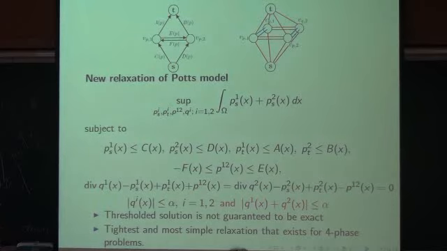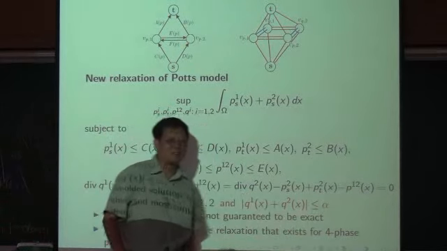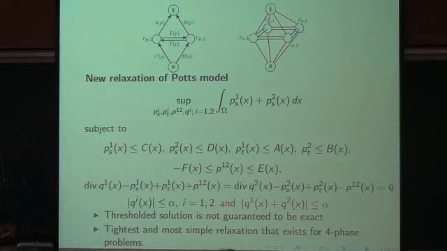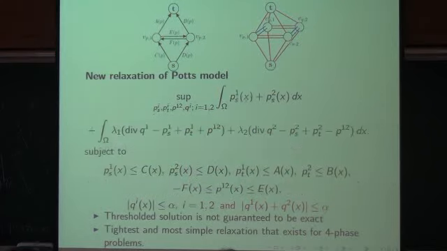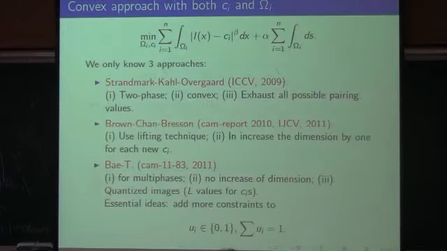If you want to minimize the exact length, then the threshold is not guaranteed to be exactly a global minimizer. You just approximate the global minimizer. Very often, that approximation is a very good one. So this is one more point to be emphasized.